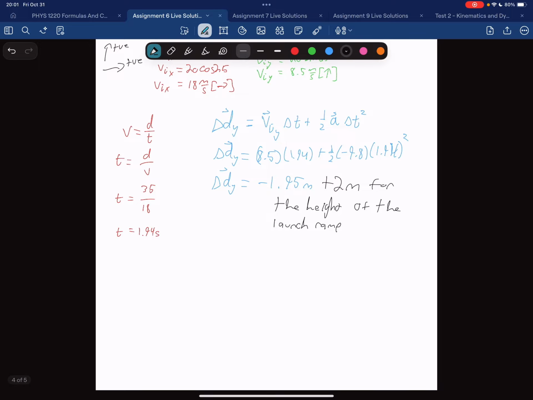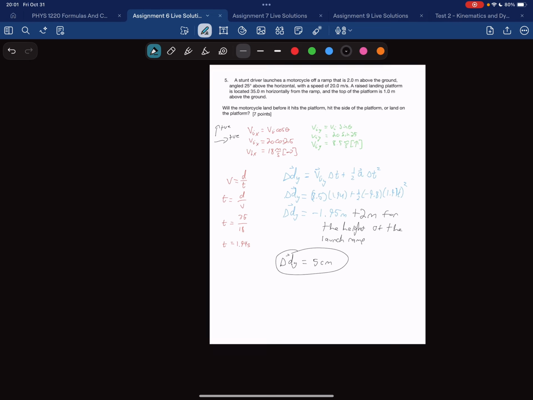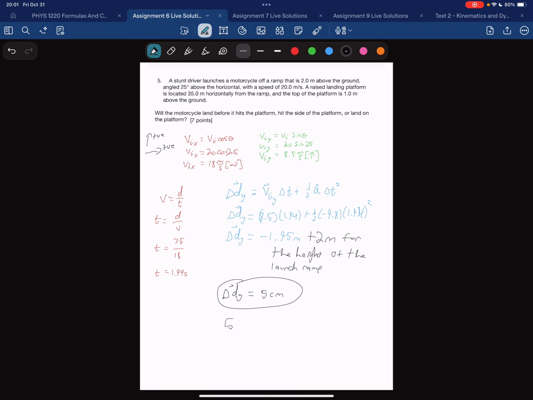And this will give us our true height at that point, which is about 5 centimeters. So 5 centimeters is between 0 and 1 meter, which is the height of the platform. So therefore, the motorcycle hits the side of the platform.